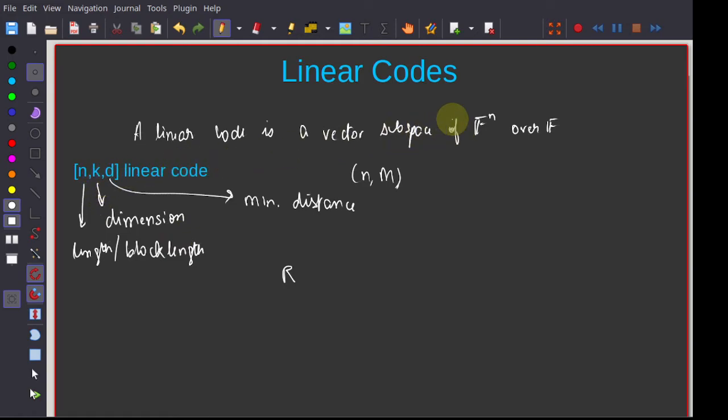What will the rate be equal to? In general, for any code, how do we define the rate?